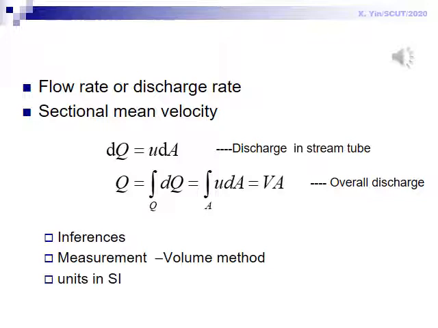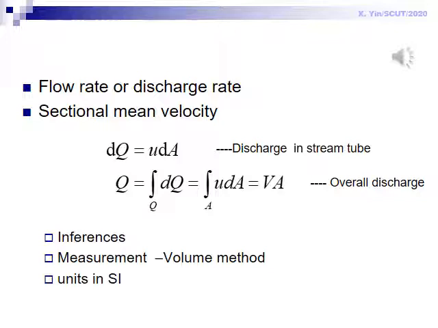Flow rate is defined as the volume going through the cross-section in unit time. The SI unit of flow rate is cubic meter per second. So flow rate of elemental flow is dq, which is equal to u dA. It is the point velocity u times stream tube cross-section area dA.